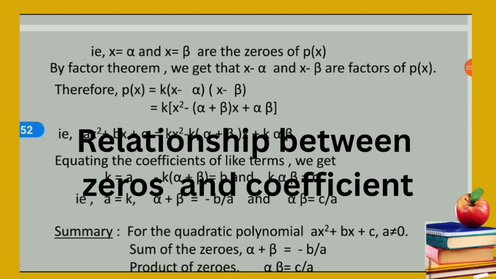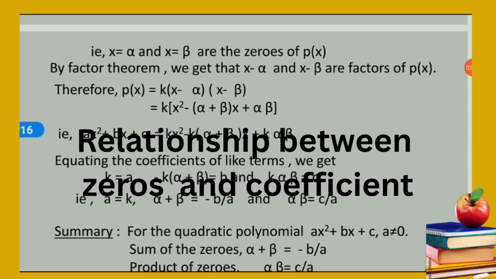Hence we can write ax square plus bx plus c as k into x minus alpha into x minus beta. Then by expansion, we know what x minus a into x minus b is, that we also studied. We are just remembering: x square minus a plus b into x plus ab.